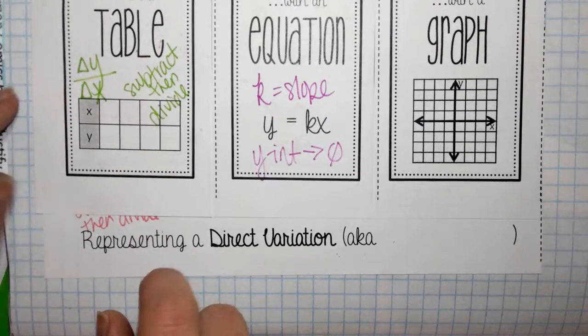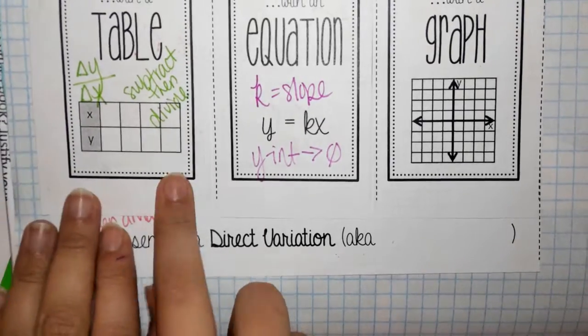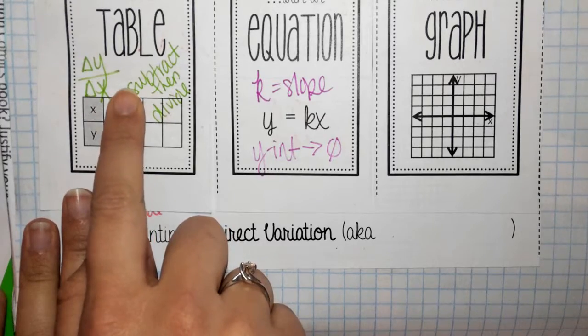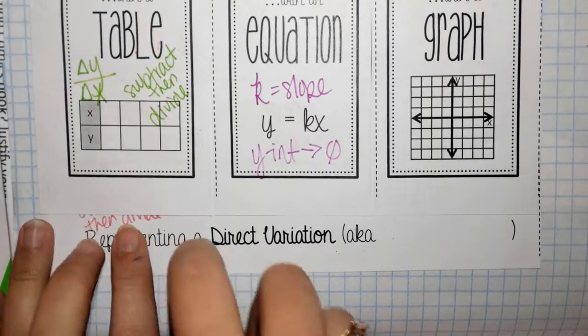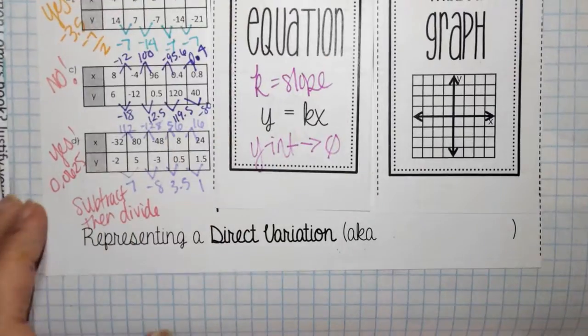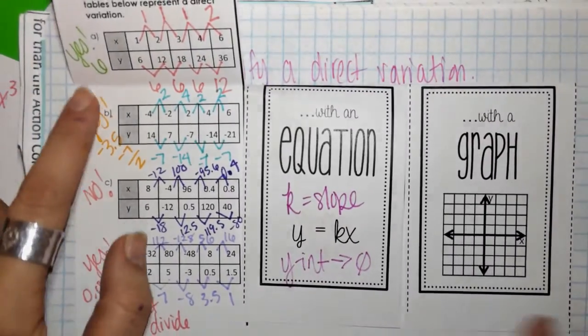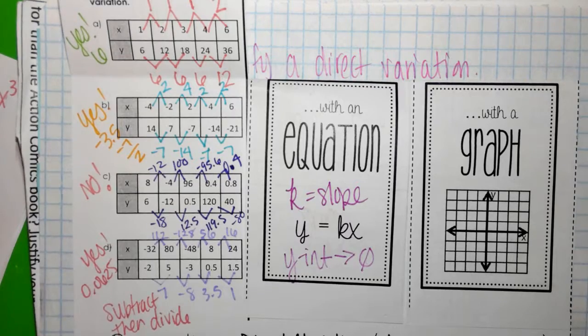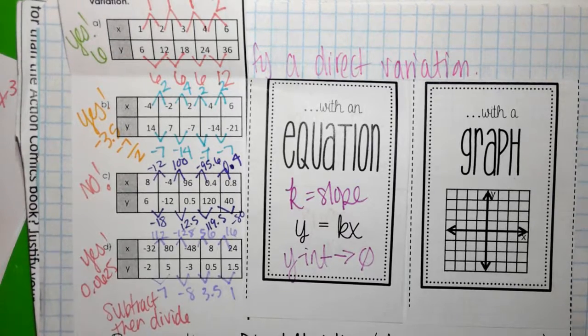Does everybody remember that? So when we're looking at a table, what do we do first? And then? Fantastic. And it has to be constant for it to be a direct variation. So what does the word constant mean? Fantastic.